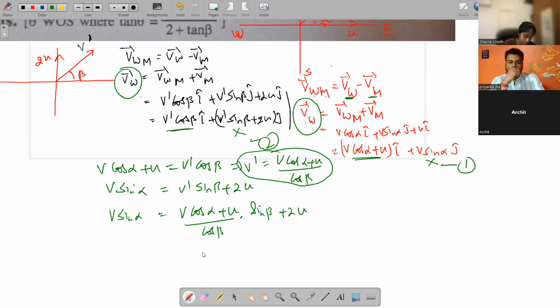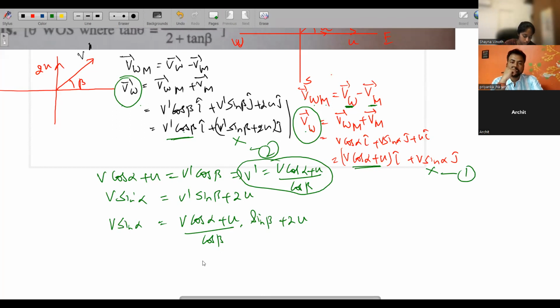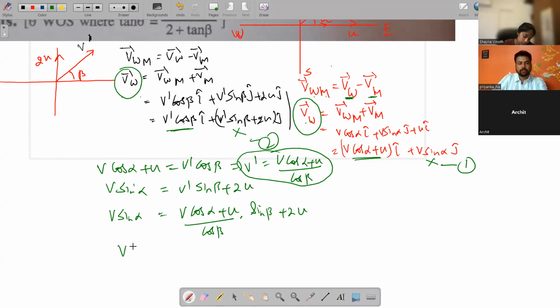Correct? Then cross multiply: V sin alpha into cos beta.